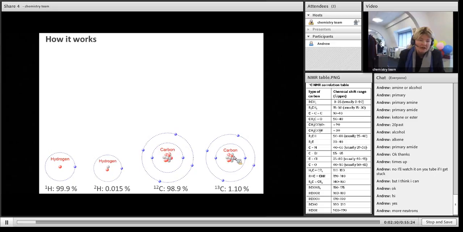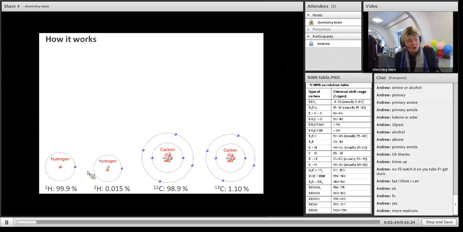So this also happens in the hospital when they put you in for an MRI scan. Most of your body, of course, is water or carbon compounds that have got hydrogens attached. So you're not in the machine for very long. It could be 20 minutes, and that's enough for them to get a spectrum out of you and work out what's wrong with you.